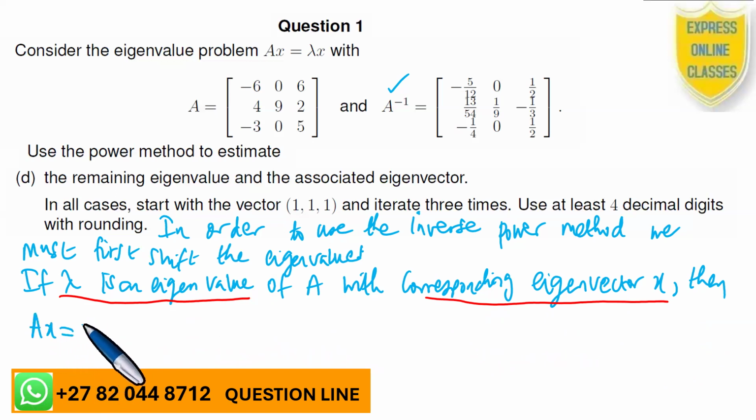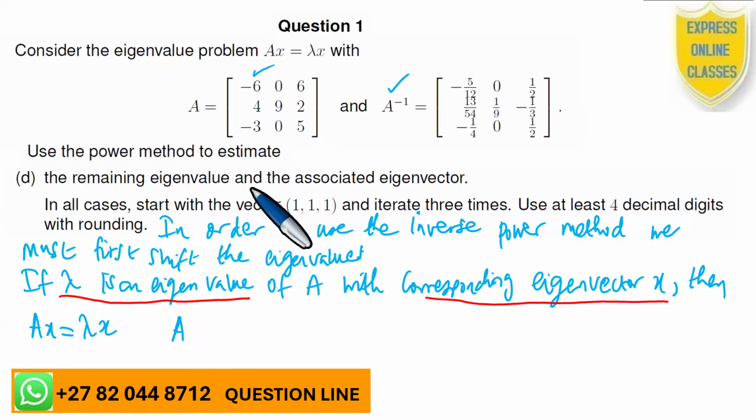Then Ax is lambda x. Now, this becomes the eigenvalue equation. We know that Ax is always equal to lambda x, because it must be close to minus 6, which is the center of the disk.